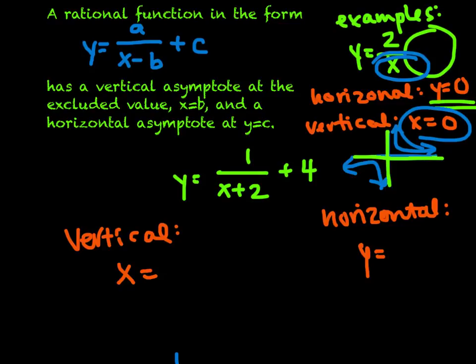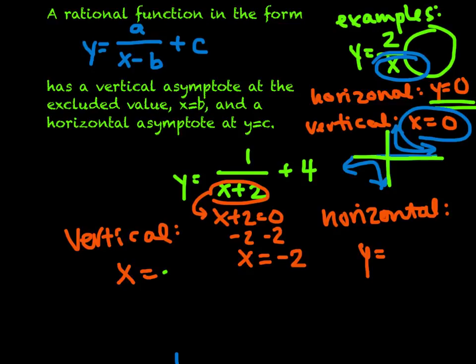So essentially where we're dividing by 0, which is not going to work out. So we'd say x plus 2 is equal to 0. So set this whole bottom part equal to 0. Subtract 2 from both sides, we'd have x is equal to negative 2. So our answer here is x equals negative 2. Our horizontal asymptote is just this plus c term, so our y is equal to 4.